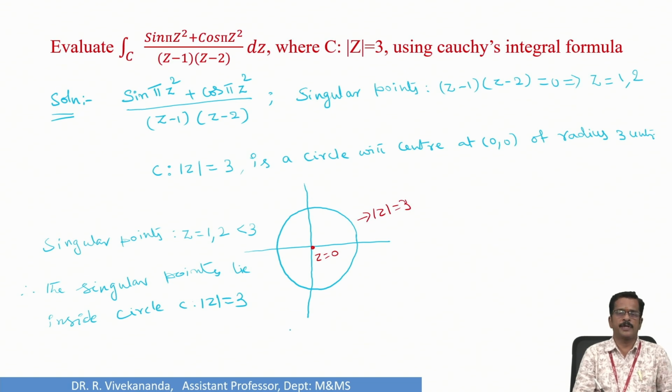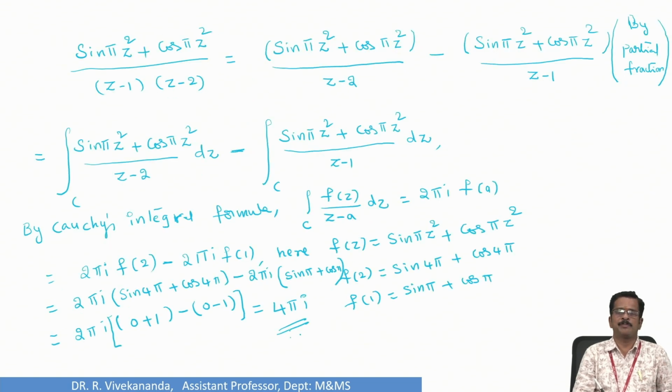So you try to apply partial fractions and split into two fractions. To every fraction you evaluate the integration according to Cauchy's integral formula. So this is another model question. Even this model question is mostly asked in the end examinations. You try to follow the concept and try to apply it.